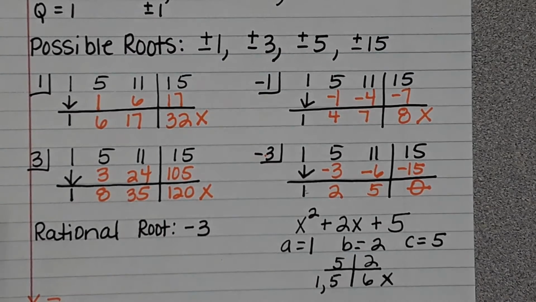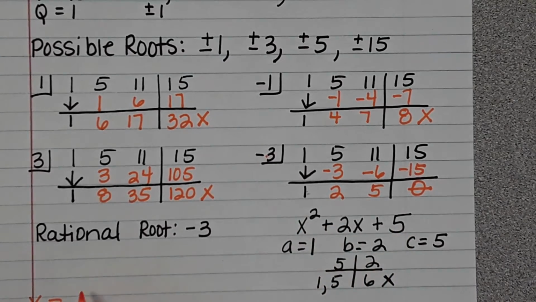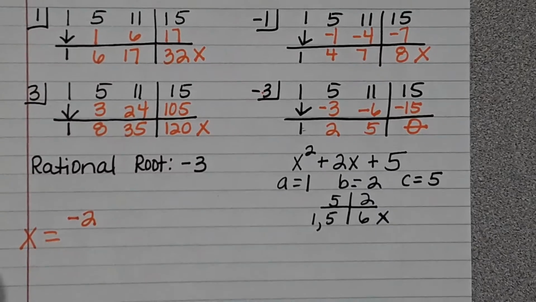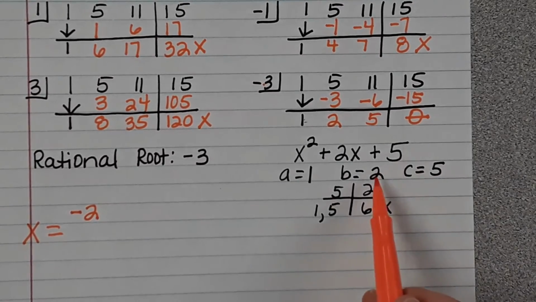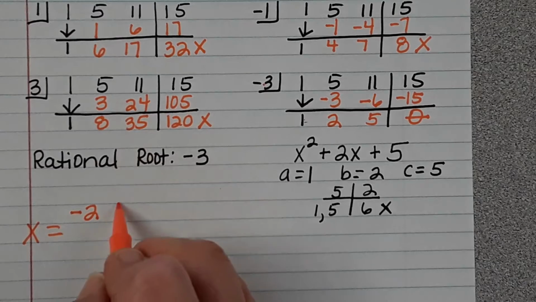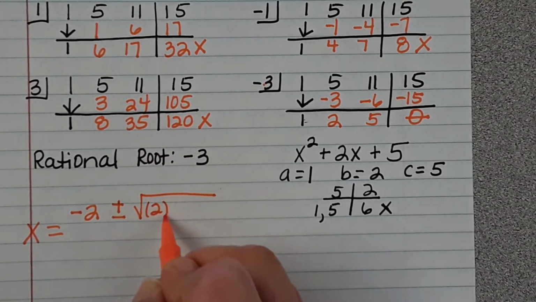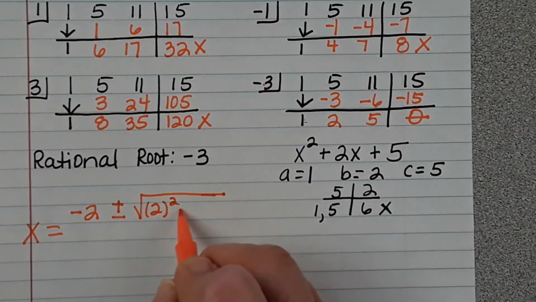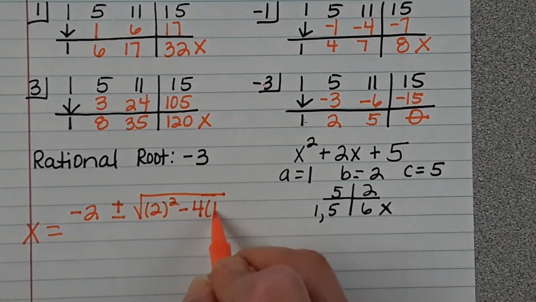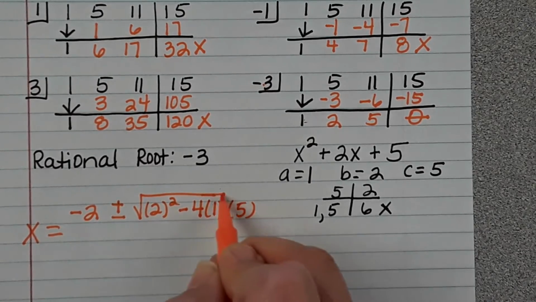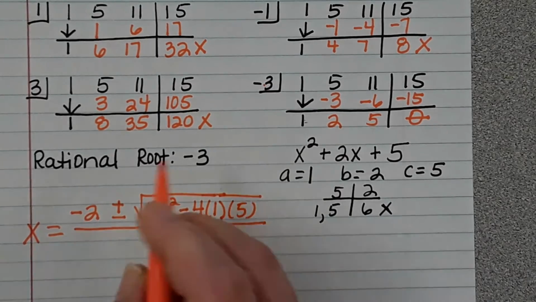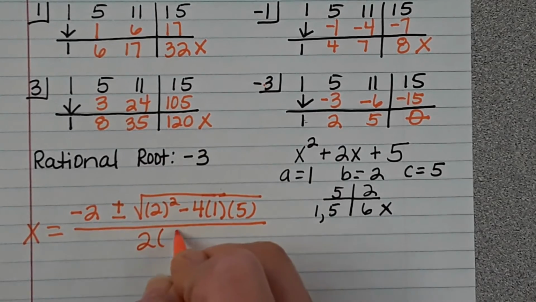Remember, you can only use the quadratic formula when it's x squared. So it's the opposite of b. So the opposite of b was 2, so the opposite would be -2 plus or minus the square root of 2 squared, because it's b squared, minus 4 times a times c all over 2 times a.